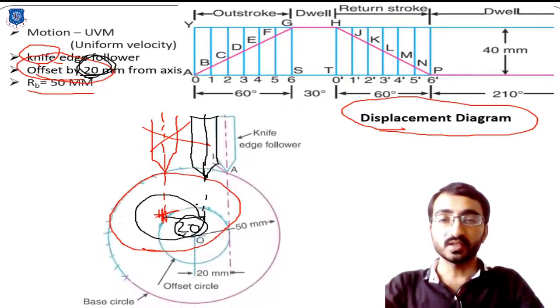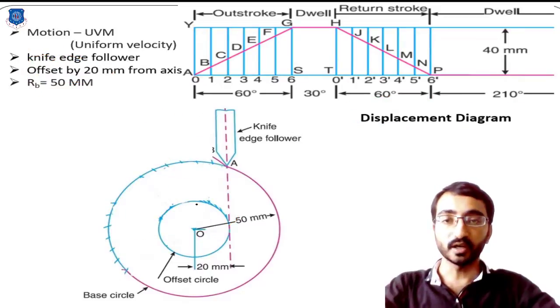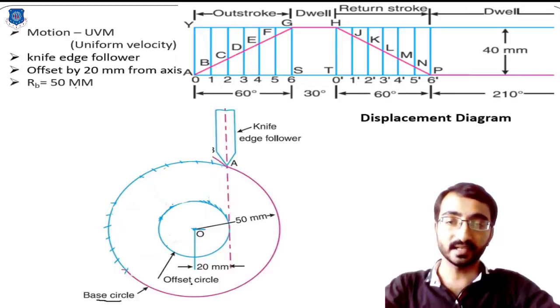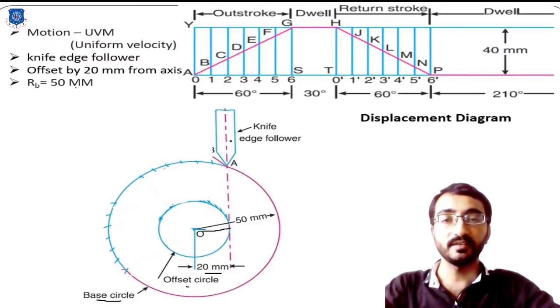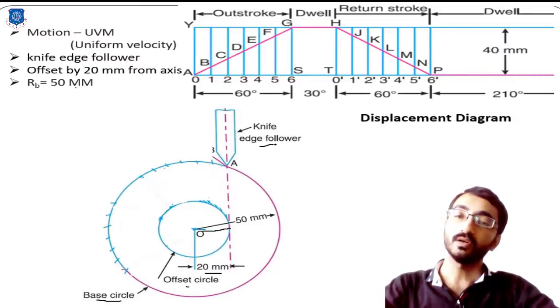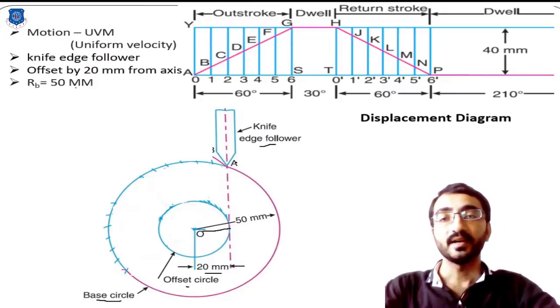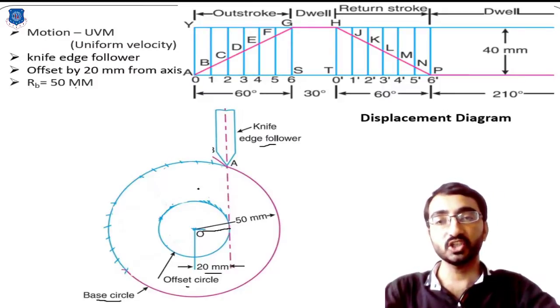So in this way we can plot the base circle having the radius of 50 mm, then the offset circle having the radius of 20 mm, and after reaching the offset point we will sketch the knife edge follower.